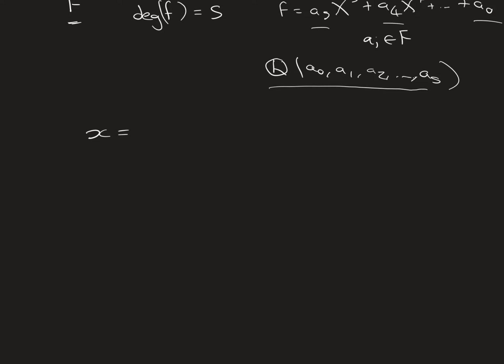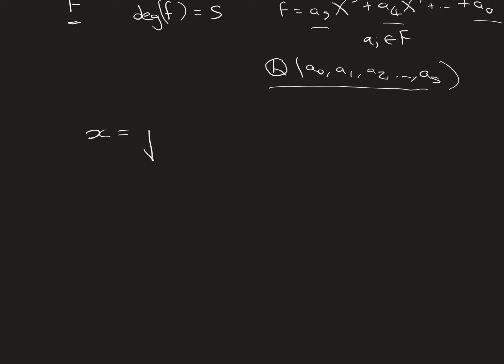Well, I need to say more before I say that. I'm going to allow it to contain the field operations. So it can contain plus, minus, multiply, and divide, where minus and divide are understood to mean taking additive and multiplicative inverses respectively. It can also involve radicals, and it can involve 1 and 0.